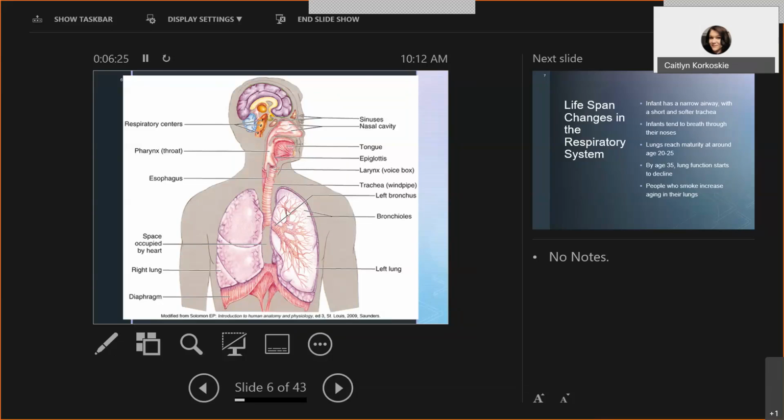So this is what I was talking about, the branches of the bronchioles. So it comes off and it almost does look like a tree. We'll get into the other parts too, at the very ends of each of those little branches.